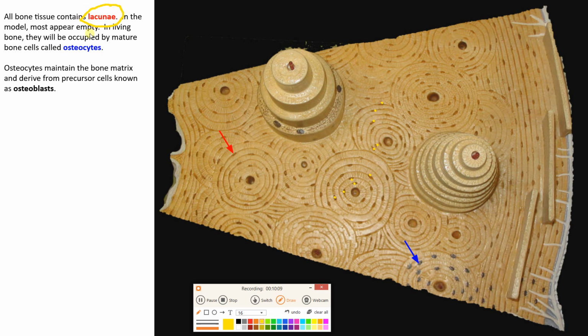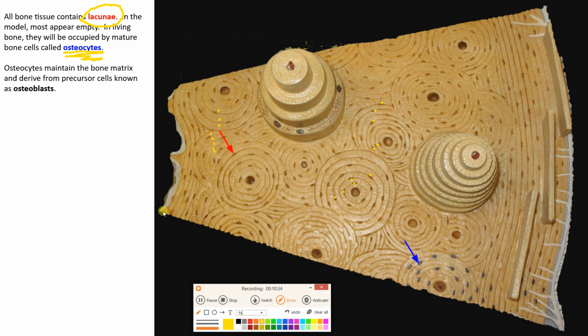Now, in hyaline cartilage, lacunae were occupied by chondrocytes. This is bone, though. So we've got mature bone cells called osteocytes. They're going to maintain this bone matrix. They're also always measuring the stress that bone is feeling.